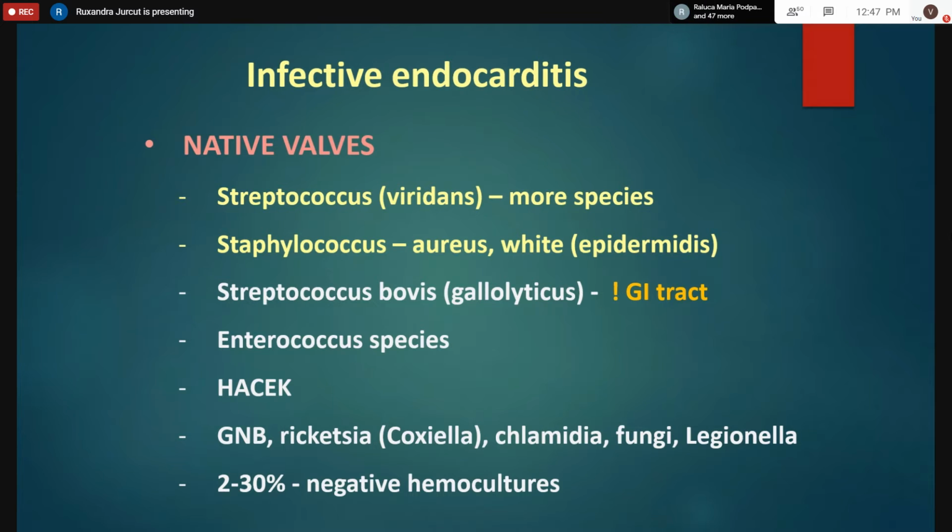But there can also be germs coming from the GI tract, like Enterococcus or Streptococcus bovis, or other various germs. You can see here just a part of the list, and we will discuss it a bit later. There can be up to one third of situations with negative hemocultures.